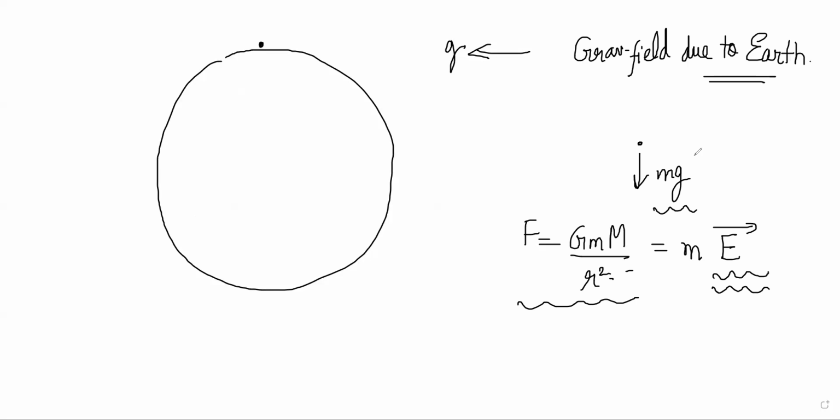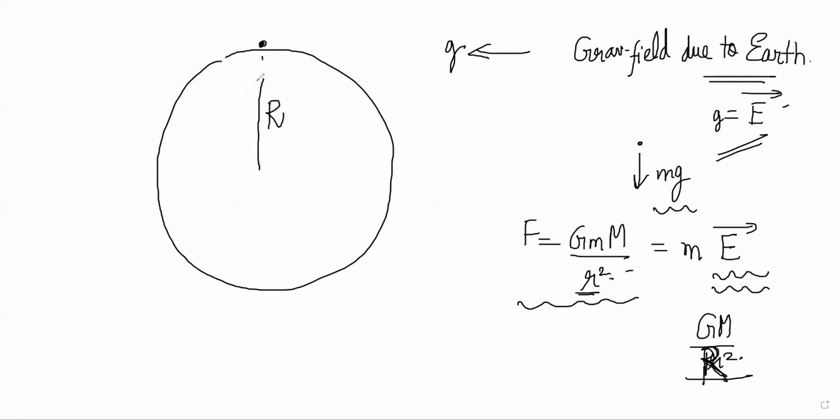Technically, your g is the field due to the Earth, the gravitational field due to the Earth, which is G capital M by R square, where R is the radius of the Earth here. Because if the mass was near the surface of the Earth, this is the capital R.